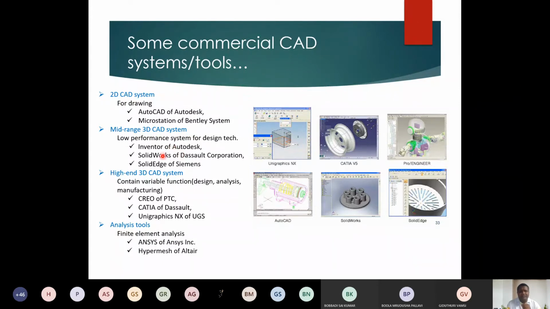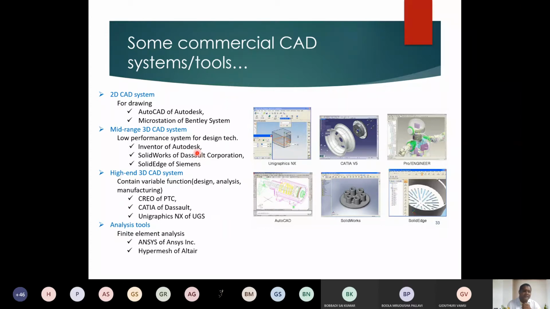But some companies do use mid-range. Why? Because their cost is somewhat lower, and if the company is okay with the options available within the mid-range 3D CAD system, and does not require any special tools, then they can happily go with the mid-range CAD system.